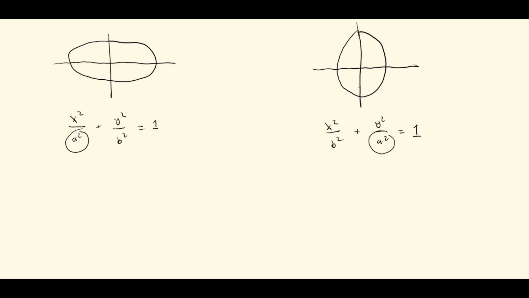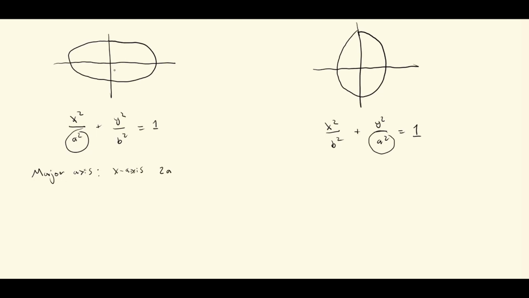So we have names for the longer and the shorter axes. The major axis is, in this case, going to be the x-axis because it's the longer one, and its distance is going to be 2a.